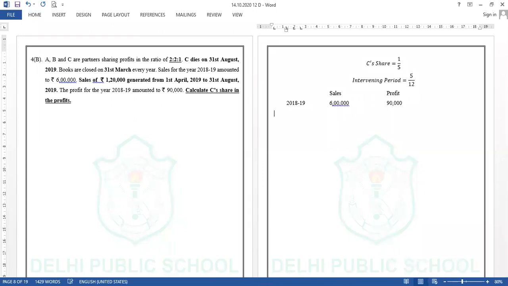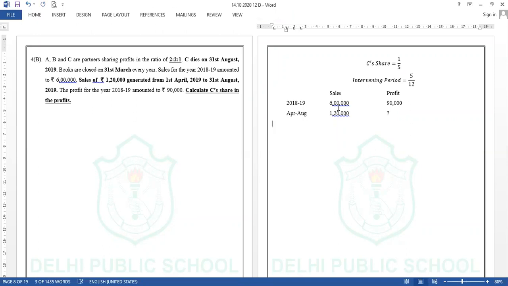Okay, now from 1st of April, from April to August, sales is amounting to rupees 1,20,000. We need to calculate the profit over here. Yes, we will do the cross multiplication. Sorry, 18,000. Yes, children, 18,000.